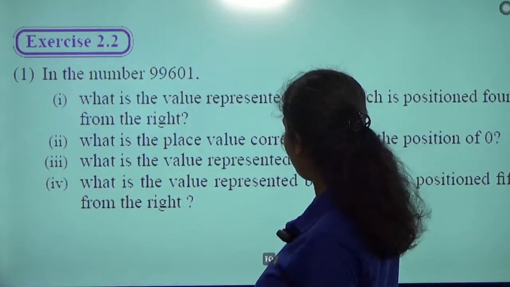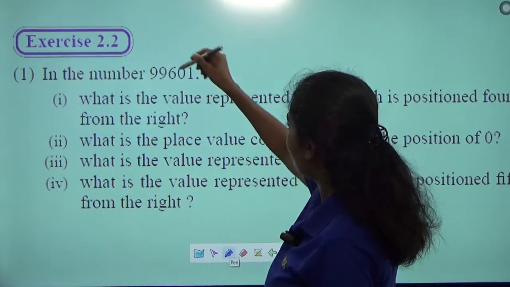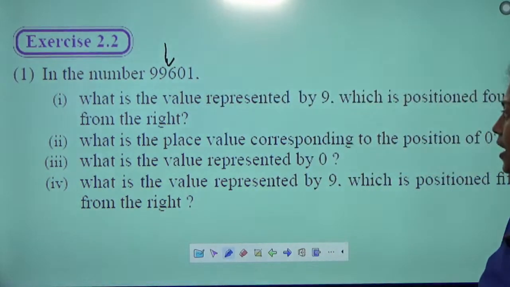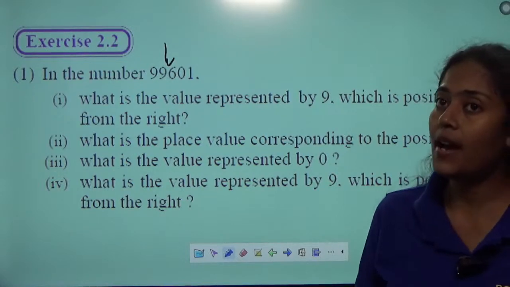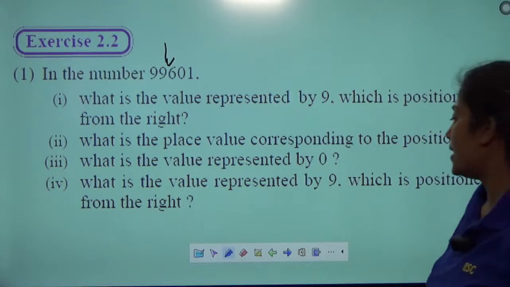This is the thousands place. They are asking for the value. Then is that 1000? 9,000. Yes, the value is 9,000.